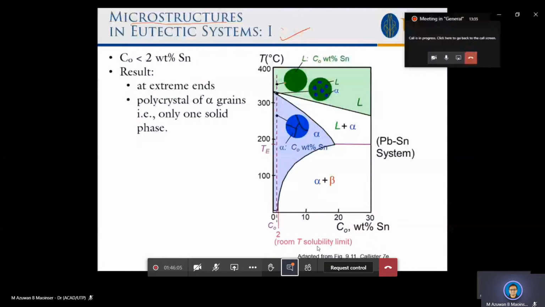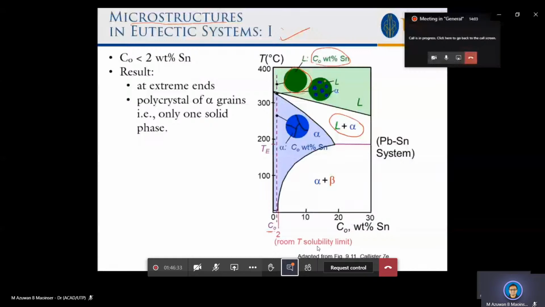Okay, the first region is where you have a very low percentage of stannum. You are along this line, and you see you are starting with liquid. Nothing is shown. Okay, it's only blank, and the composition is whatever you start with, C0. Once you get into this region, you start to have a mixture of alpha and liquid.